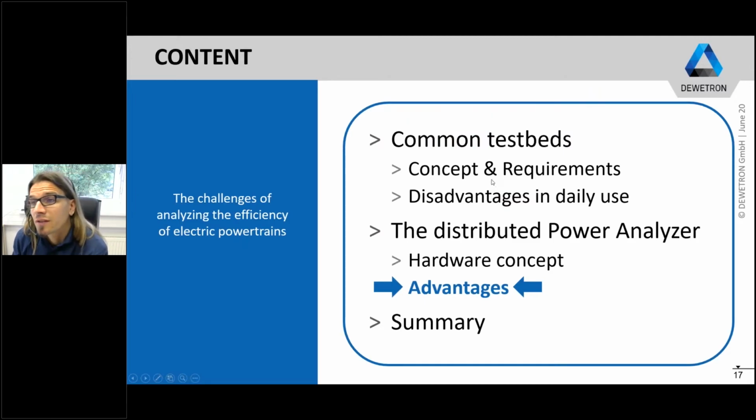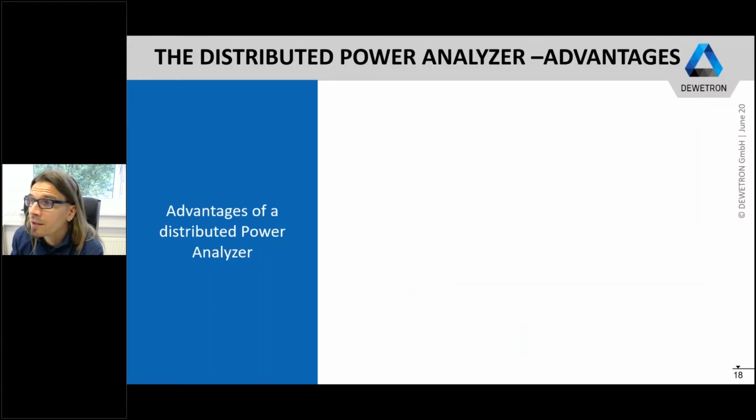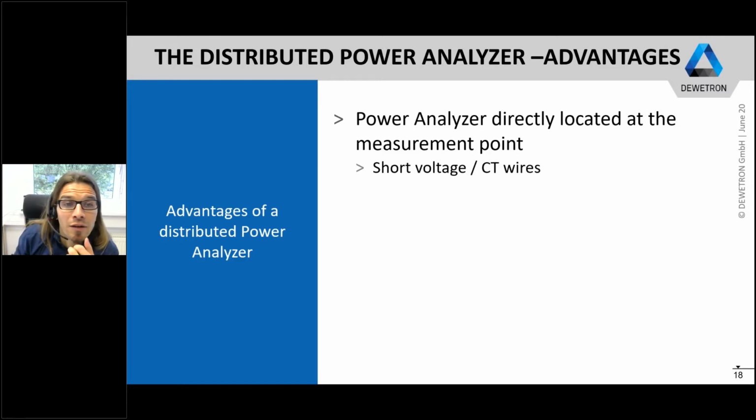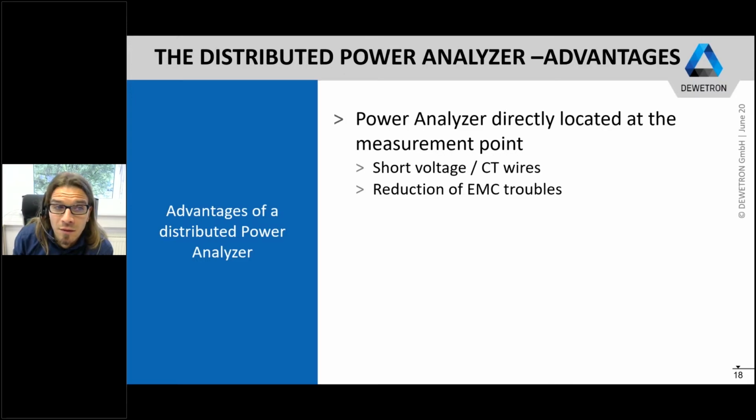What advantages does such a distributed power analyzer provide the test engineers? On the one hand, you have the measurement device directly located at the measurement point, and so you have short current and short current transducer wires. Short wires reduce your EMC troubles, and you don't have any bandwidth limitation, which may be caused by long wiring and long sensor cables.